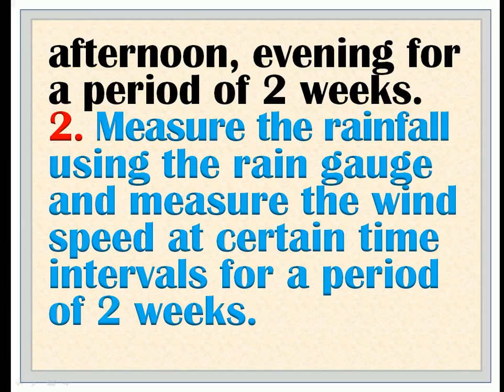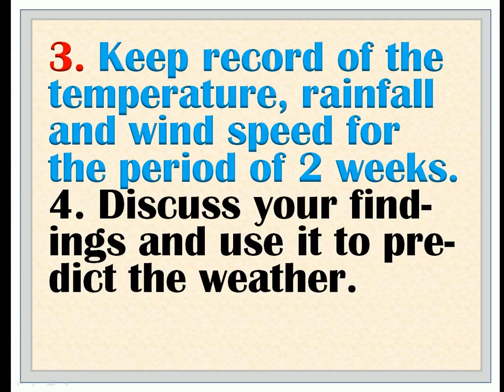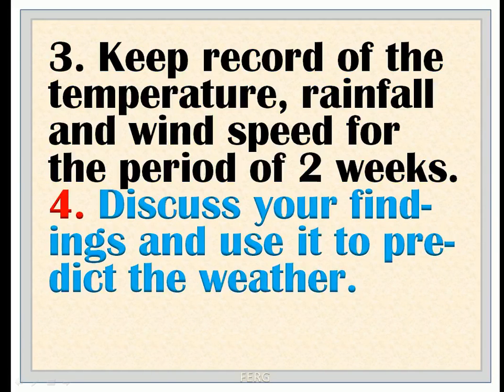Measure the rainfall, using the rain gauge, and measure the wind speed at certain time intervals, for a period of 2 weeks. 3. Keep record of the temperature, rainfall and wind speed for the period of 2 weeks. 4. Discuss your findings, and use it to predict the weather.